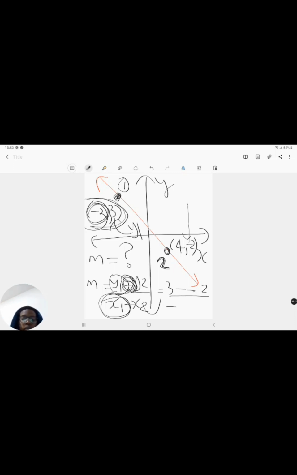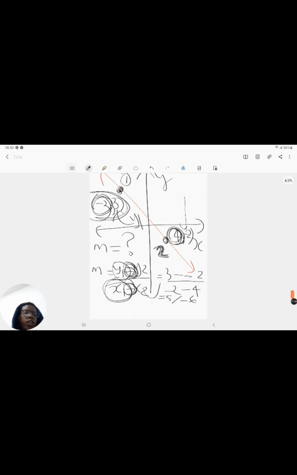So my x1 is minus 2 minus, because I have a minus there, then minus x2. x2 is 4, because I chose this to be coordinate number 2. And then if you solve this, you're going to see that you get 5 on top divided by minus 6. And then this is your slope. This is your gradient, so your question is basically answered.